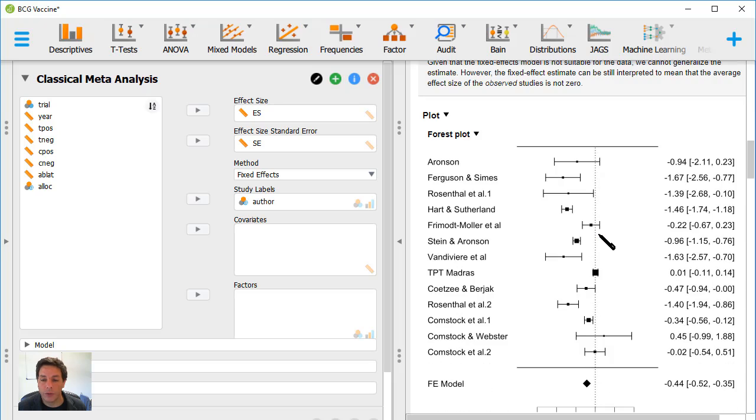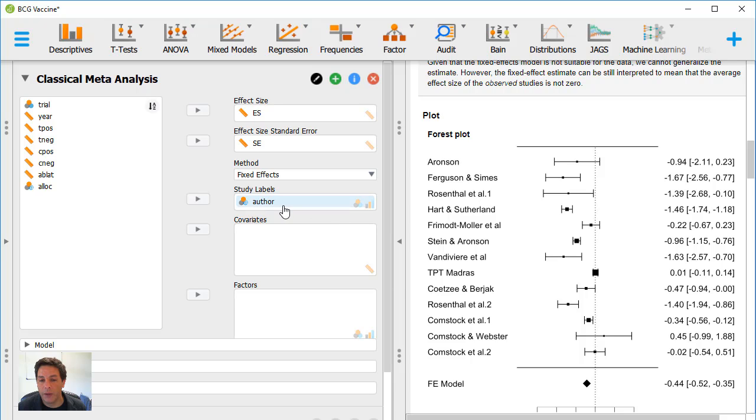Now, this is important for the exam, the forest plot. You need to be able to interpret what this forest plot is representing. What we have here is the studies. We've got all the studies represented in each of these lines. Sometimes we've got the actual name of the study.